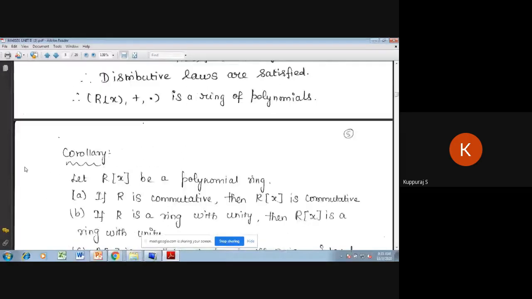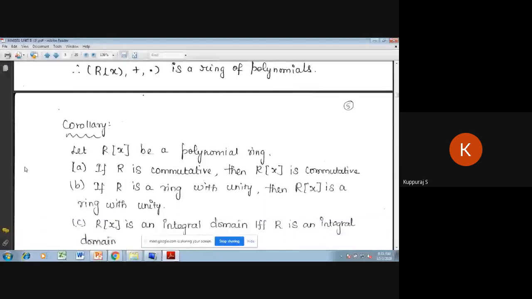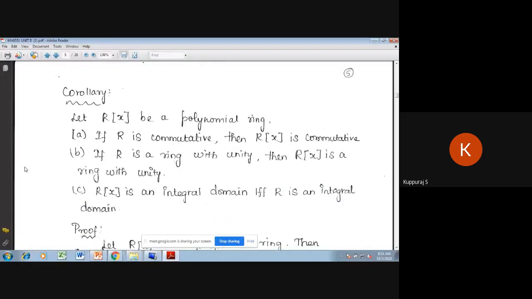Next, the corollary. Let R of x be a polynomial ring. Then the first result: if R is commutative, then R of x, the polynomial ring, is also commutative.